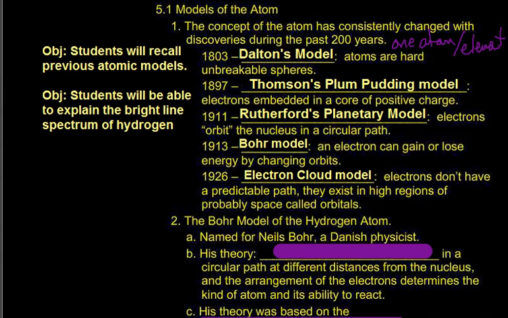And I want you to rearrange that if it's not already rearranged on your paper. These are regions of high probability space called orbitals. So let's see if we can try that a different way here.